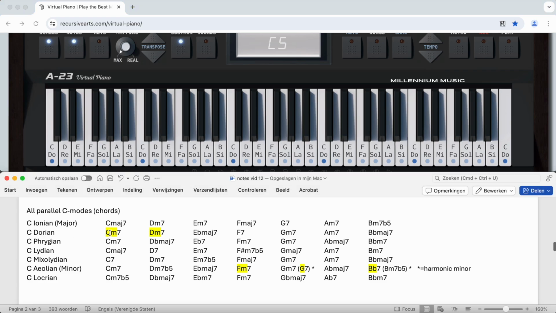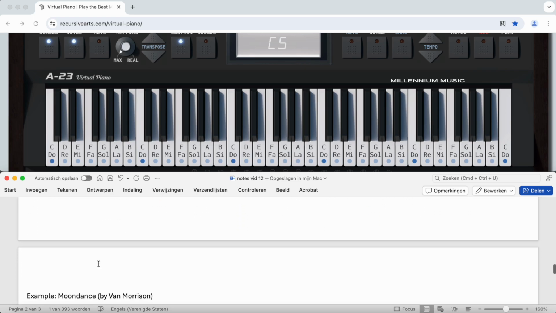The chords of C Dorian are C minor, D minor, E flat, and so on. The chords of C minor are, for example, F minor 4th degree, G minor, A flat, and B flat. This chord is an exception. It comes from the harmonic minor. It's the dominant of the harmonic minor.